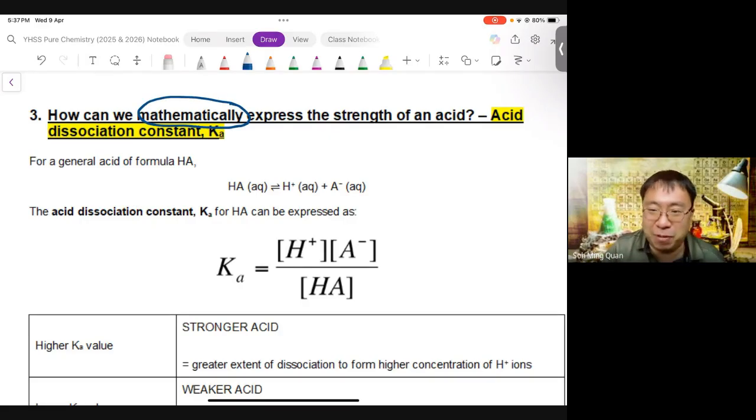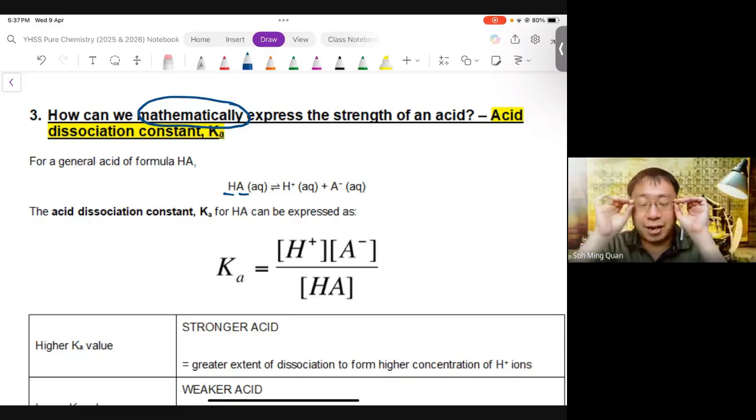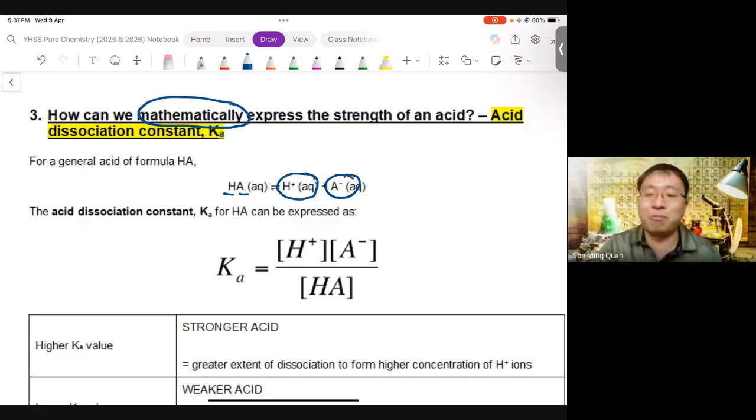Obviously, that's important, right? We can't possibly just say, oh, this acid is strong, that acid is weak. Perhaps you want to put it in numbers. So let's assume the acid is HA. A can be anything. All right. We know by now acids dissociate and ionize to form H plus. That means A must be minus when dissolved in water.